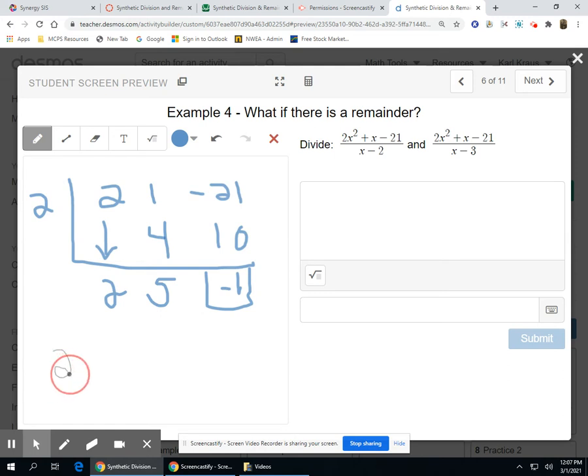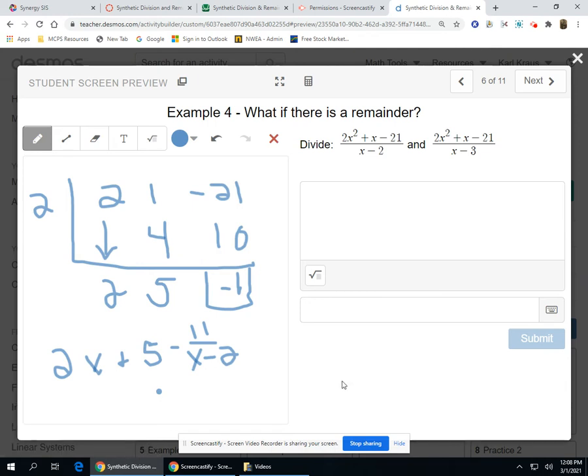So 2x plus 5 minus 11 over x minus 2. And then for the other problem there, whoop, it should be a 3.